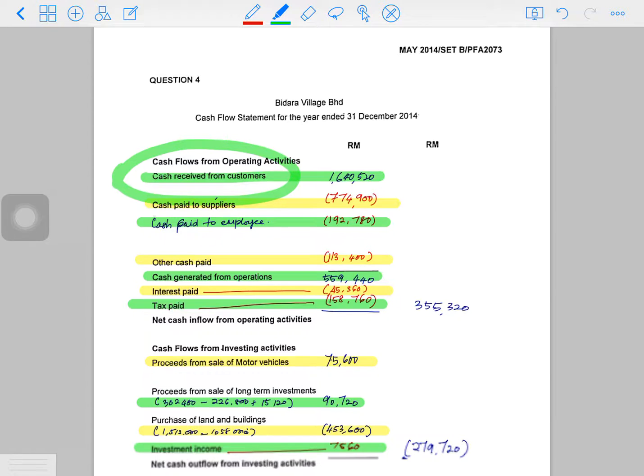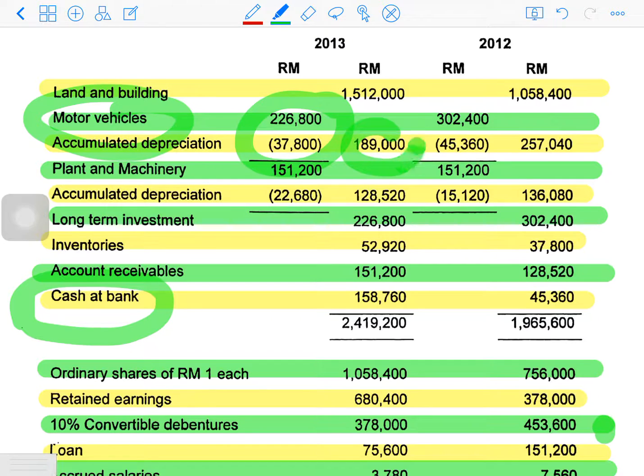First, with regard to motor vehicles. Okay, so that means you have to open up motor vehicle account to know what's going on. Okay, motor vehicle account. So you have here motor vehicles. Okay, this amount has a depreciation and then a net book value, accumulated depreciation and net book value. So you have both here. It is easier if you deal only with net book value rather than cost minus accumulated depreciation.